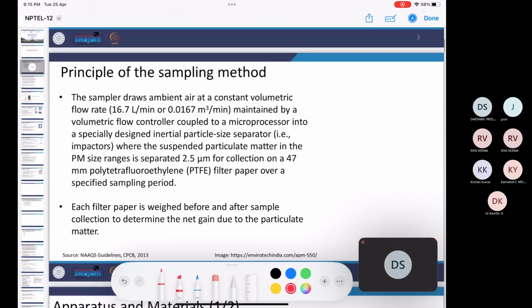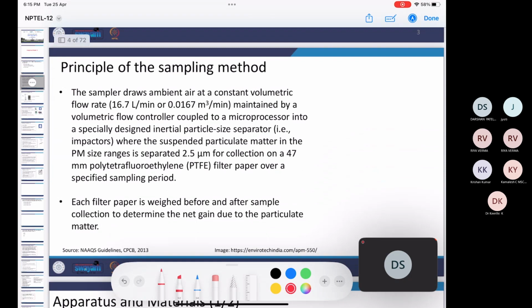So for the sampling of PM 2.5, what it does is the sampler draws the ambient air at a constant volumetric flow rate, which is maintained at 16.7 liters per minute or 0.0167 meter cubed per minute.